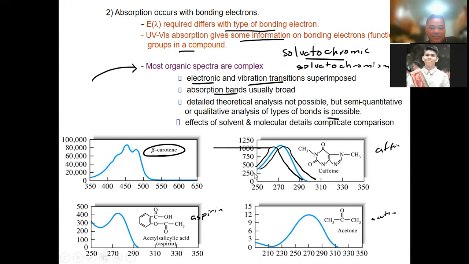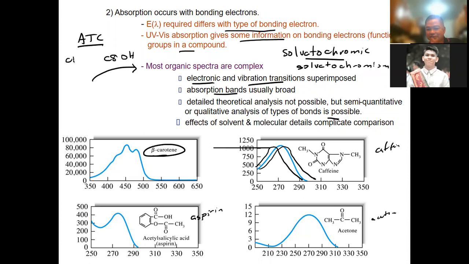So what happened to the spectra if you use different alcohols? I remember I have one. I have this derivative of tetracycline, which is anhydrotetracycline. So I started from C1 to C8 of the alcohol.